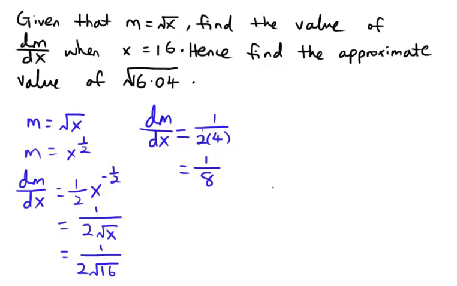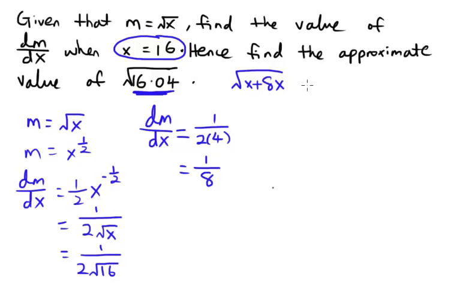Now, find the approximate value for the square root of 16.04. Assume that what you have inside the square root is x plus delta x, meaning a small change in x, because originally our x is 16 and now we change it to 16.04.